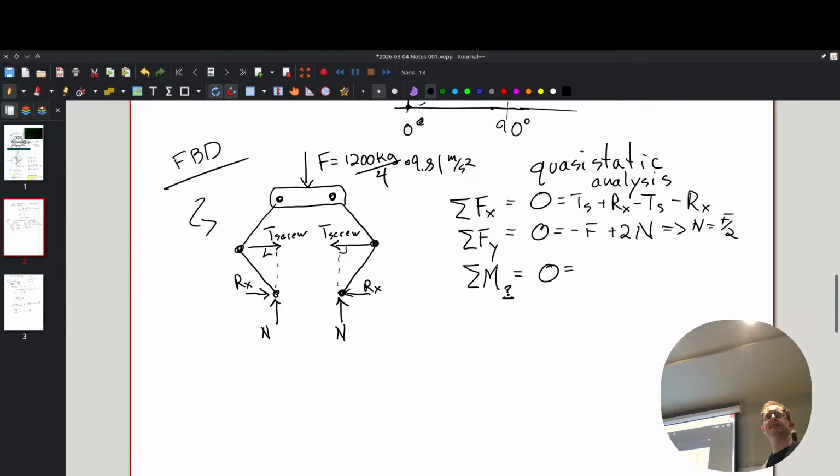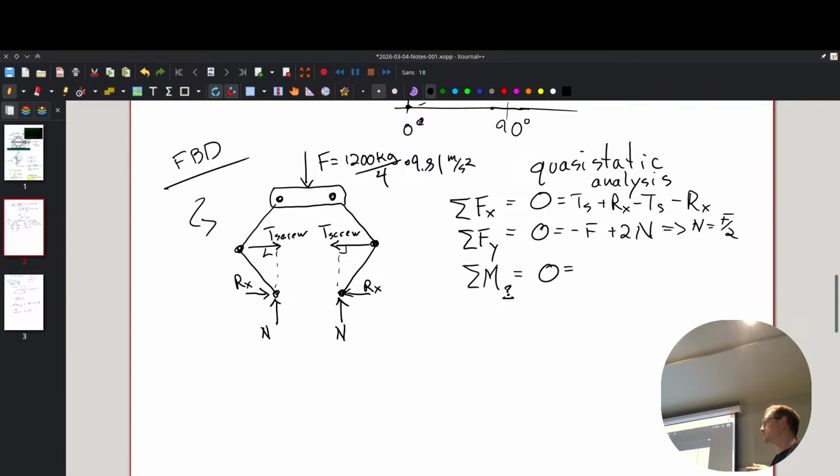What are we taking the moment of? What I was showing here is that this free body diagram, even though we included a bunch of forces, is accurate, but it's not helping us get to the next answer. We need something more.